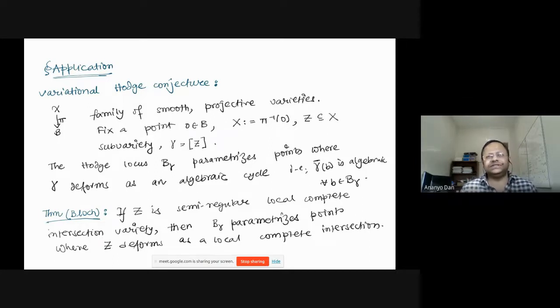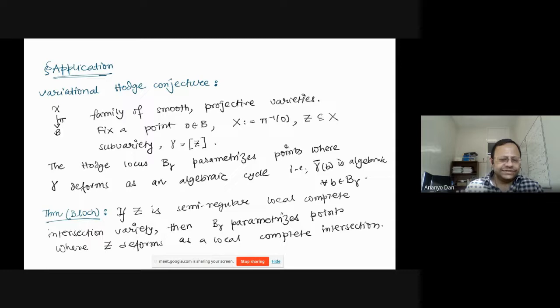The variational Hodge conjecture, first of all, is in an infinitesimal setup. It tells you that if you start with the cohomology class of an algebraic variety, and if you deform your smooth ambient projective variety such that this cohomology class deforms as a Hodge class, then after deformation, this new Hodge class is again going to be the cohomology class of an algebraic subvariety. This one tells you even further.